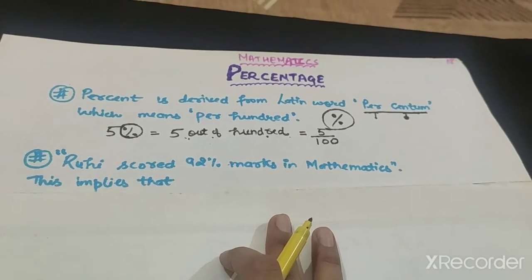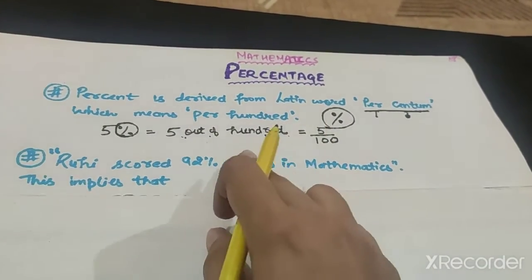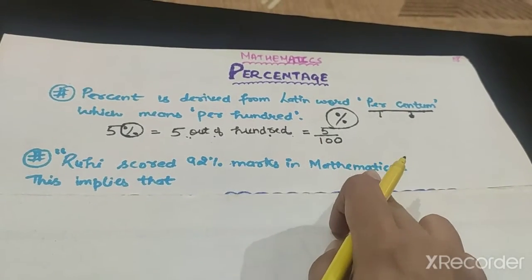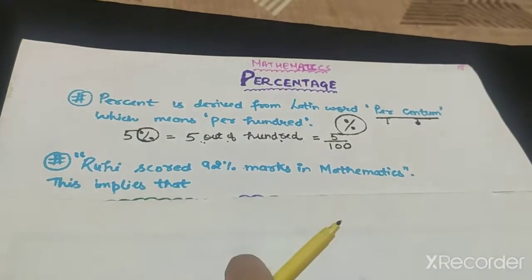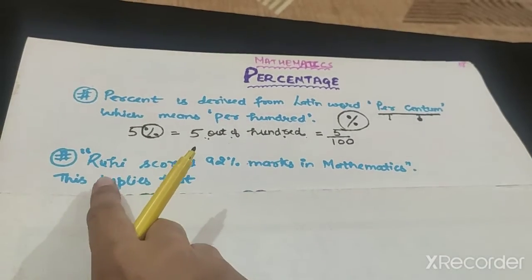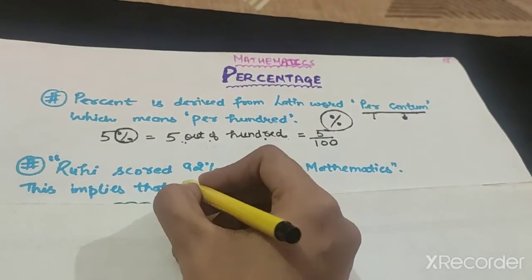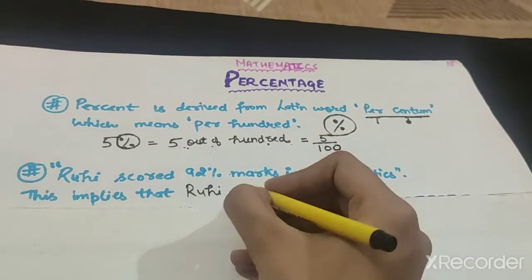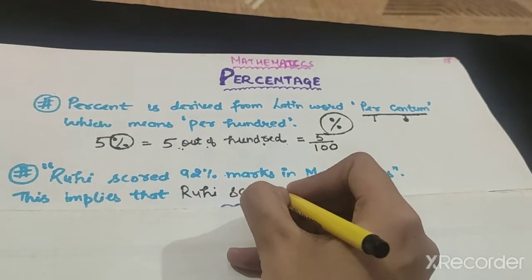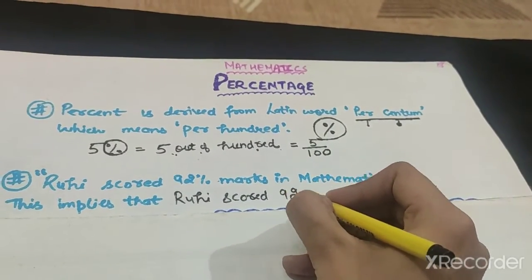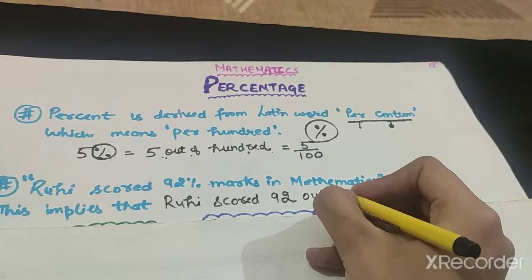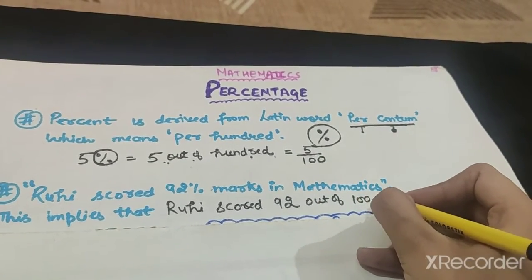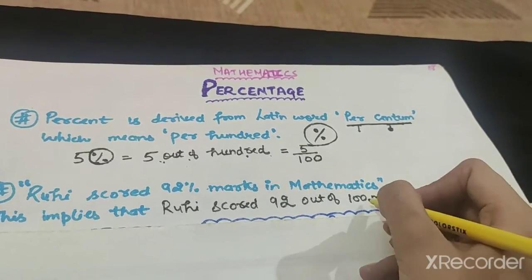For example, Ruhi scored 92% marks in mathematics. Now what does this statement imply? This statement implies that Ruhi scored 92 marks out of 100 marks. Why have I written 100?